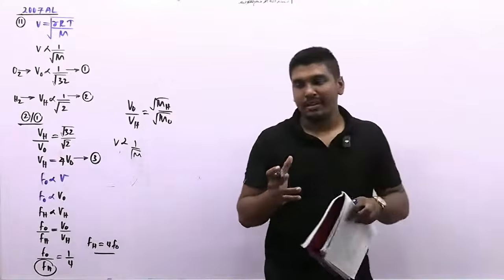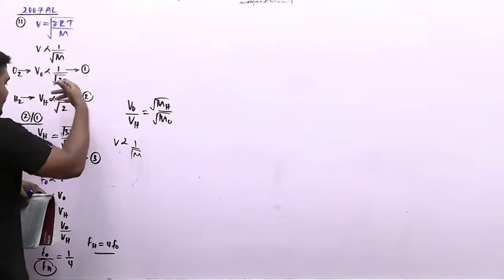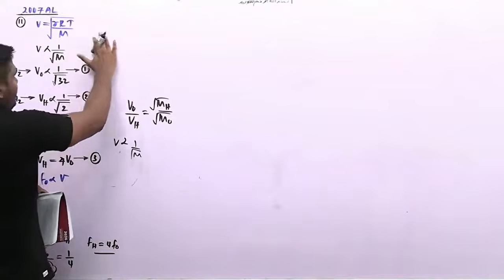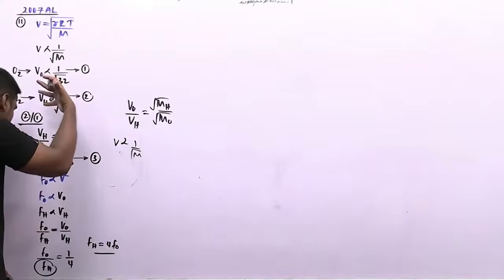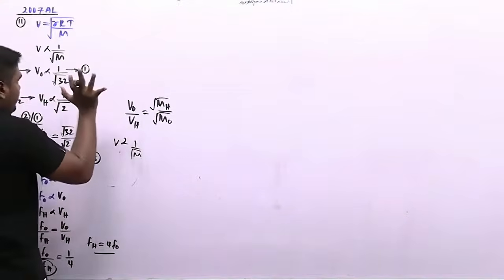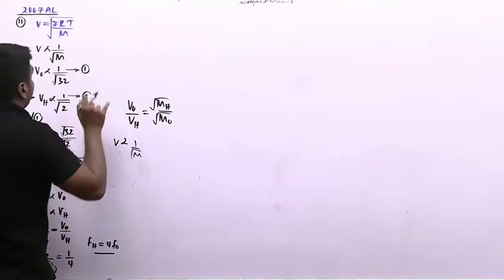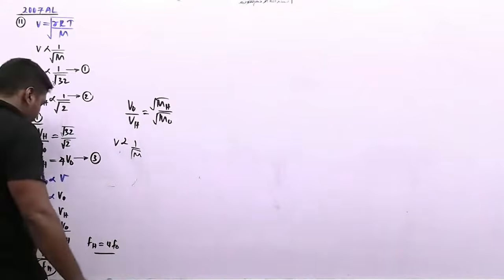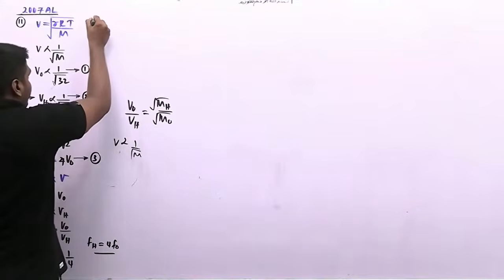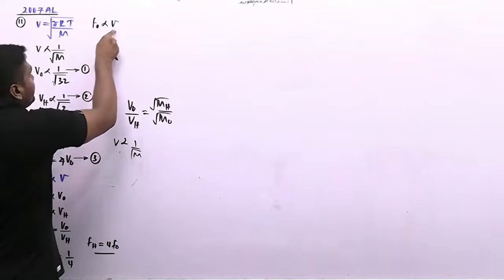Very simple question. Now see this idea, very simple. Okay, a small method, a small idea. Listen carefully, very clearly. Fundamental frequency is proportional to what? Velocity. How do I get this proportionality?